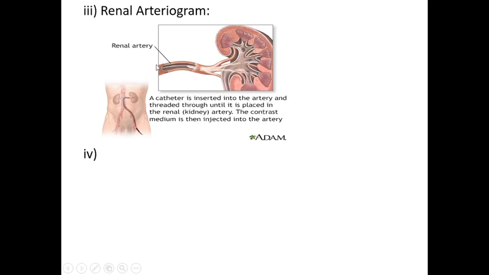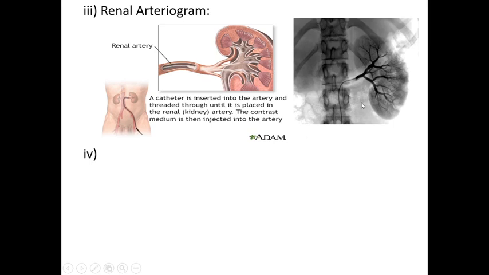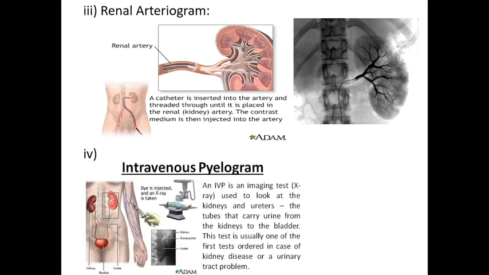Then when the contrast medium passes through the renal artery and enters into the kidneys, you can see how the contrast spreads along the kidney, along the distribution of the renal artery in the kidney. So that is called renal arteriogram. It gives you an idea about the distribution of the renal artery.